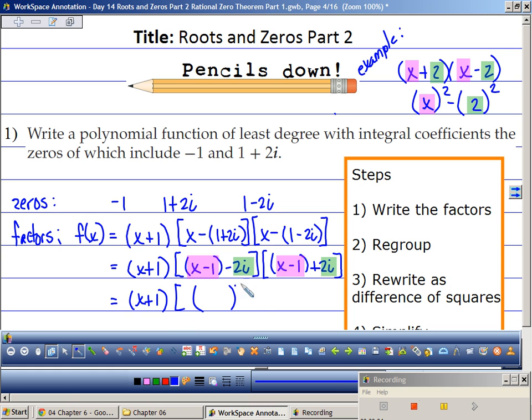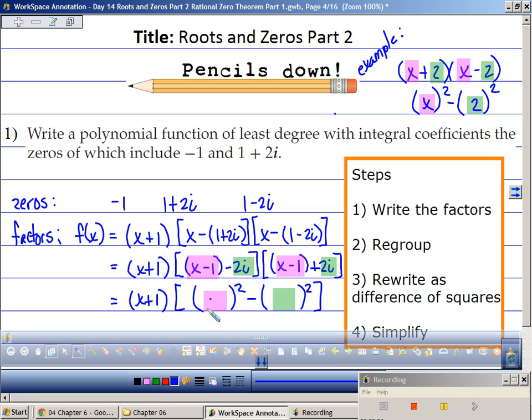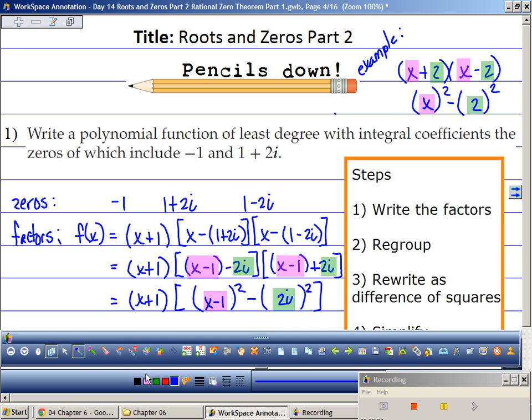I have the difference of 2 squares, where my green goes here, and the pink goes here. So what goes here? x minus 1. And what goes here? Just the 2i. See that? Because the negative sign is here, positive sign here, just like negative and positive, positive and negative.